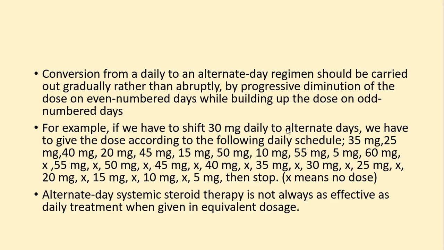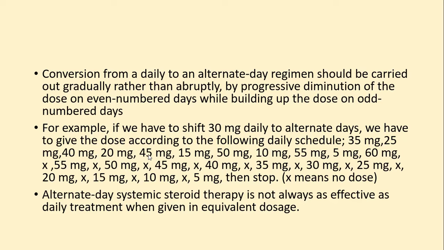So how will we proceed? We'll give 35 mg next day, then 25 mg the other day, then 40 mg and 20 mg. Building 5 mg on one day and reducing 5 mg on the other day.